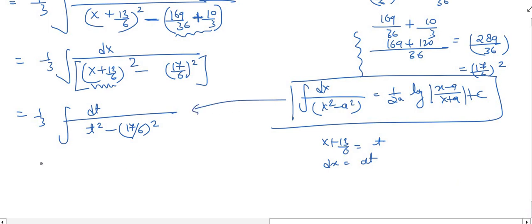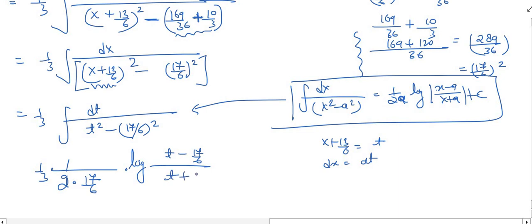Yes or no here? So 1 by 3 is already there, and I need 1 by 2a. So 1 by 2 into a. A is how much? A is 17 by 6, into log of (t minus 17 by 6) by (t plus 17 by 6) plus c.